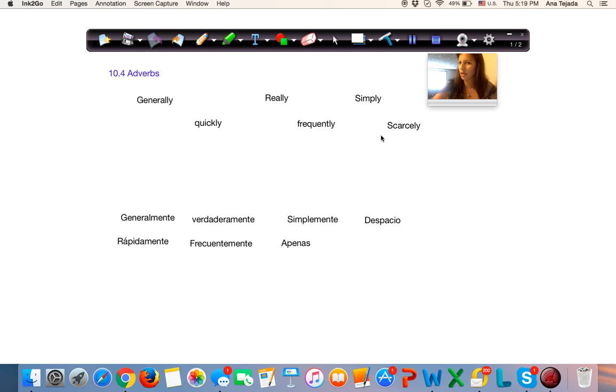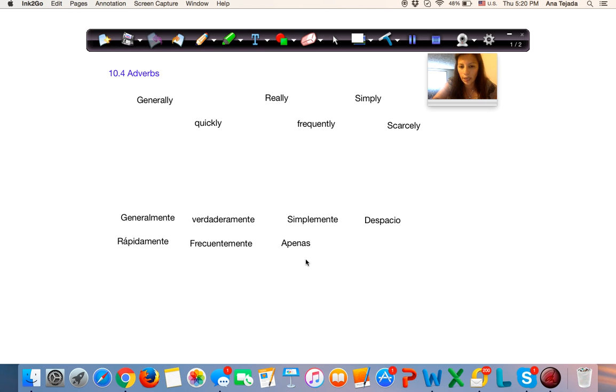So besides the two last ones, what do these words have in common, besides being the translation of the words above? Yeah, they have the ending mente. So in English the general rule says that adverbs generally end in ly. Well, in Spanish, the rule says that adverbs generally end in mente, right?